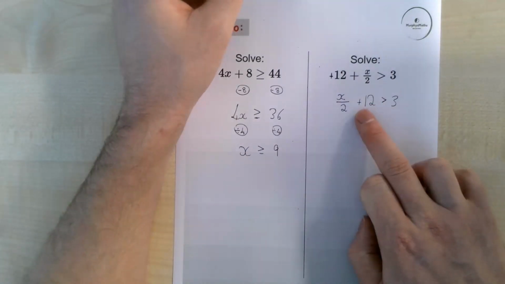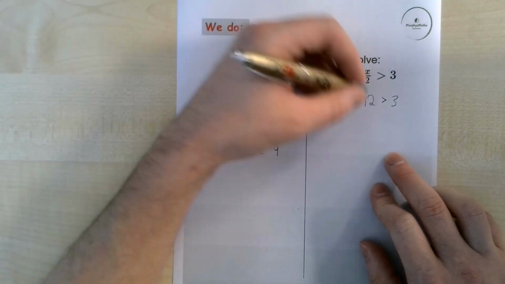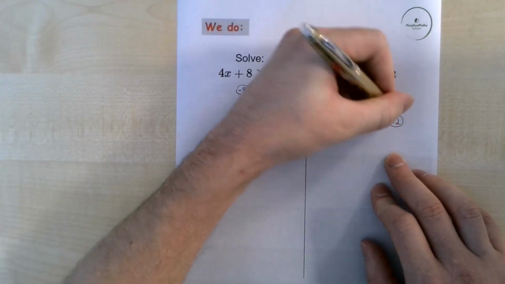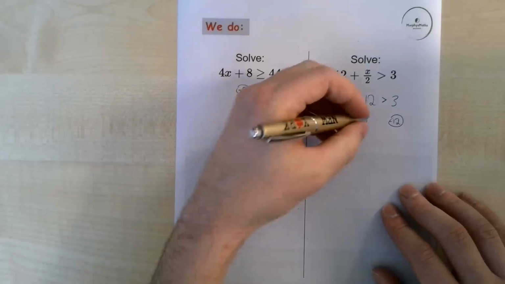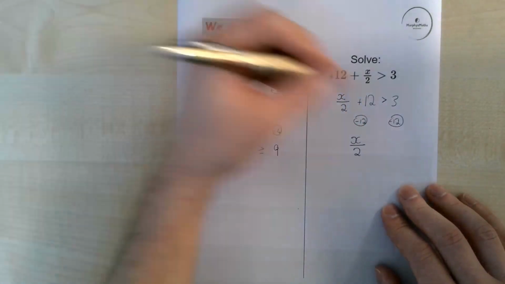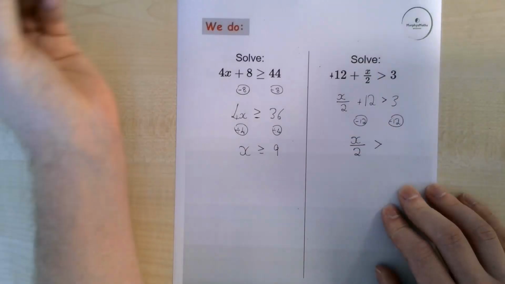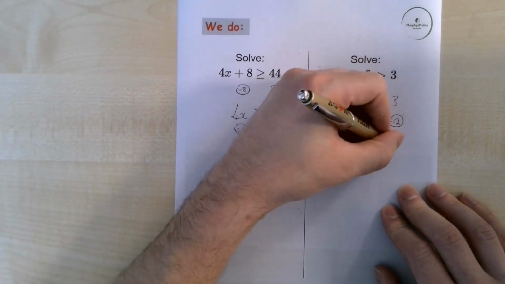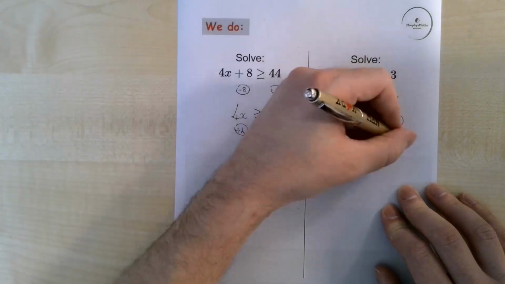So I can see clearly now that's adding 12. So I need to minus 12 from both sides of the inequality. And that will give me x divided by 2 is greater than 3 minus 12, which gives me minus 9.